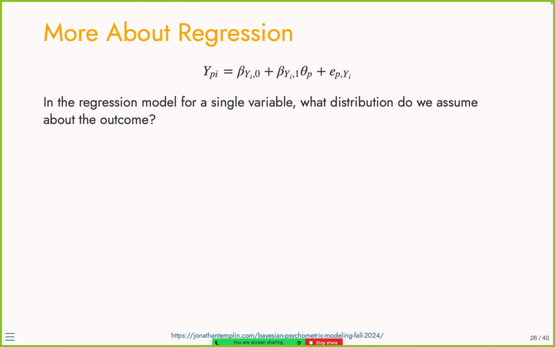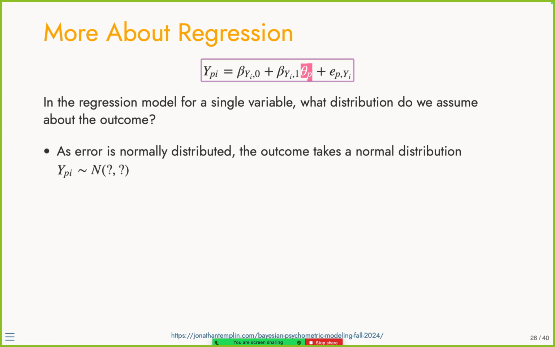All right. So, in the regression model for a single variable, what do we assume about its outcome? So you can sort of trace this out. If error was normally distributed, right? And let's imagine this is a regression where theta isn't latent. This is an observed variable, just to get you that sense. In this model, error is normally distributed.